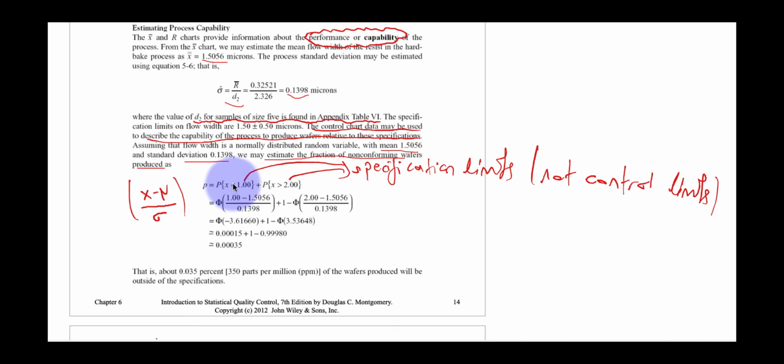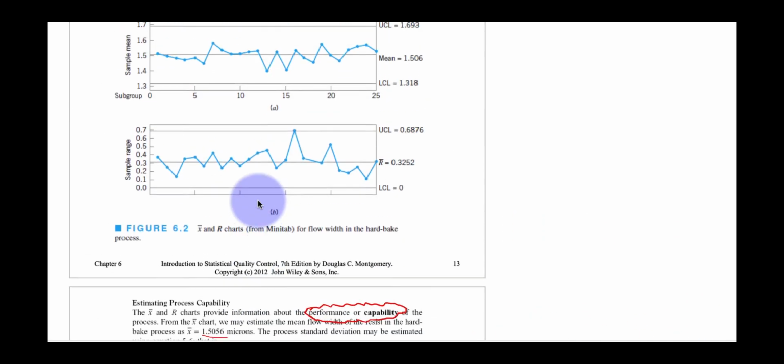We are going to convert these values to standard normal values, because X is normally distributed, so we can use this transformation to find the standard normal value, X minus the mean, and we calculate the mean by the grand average, right?